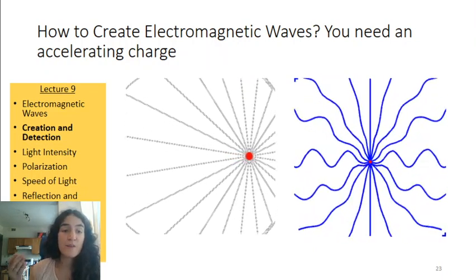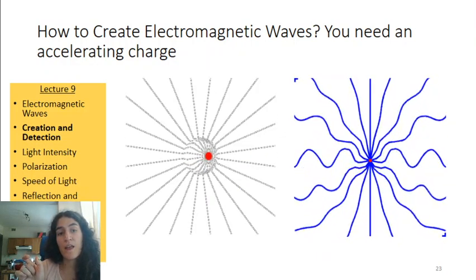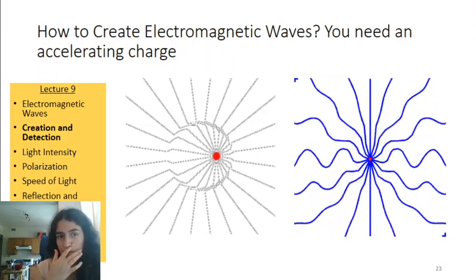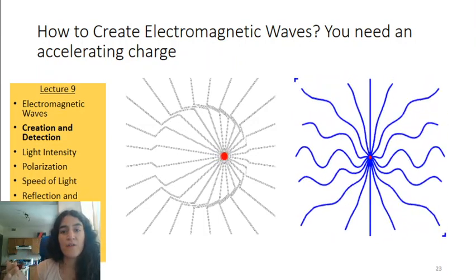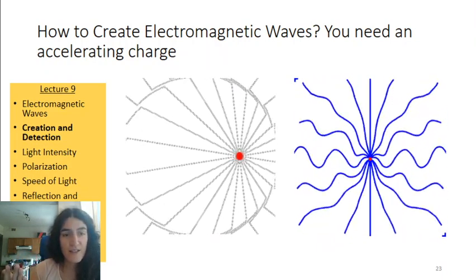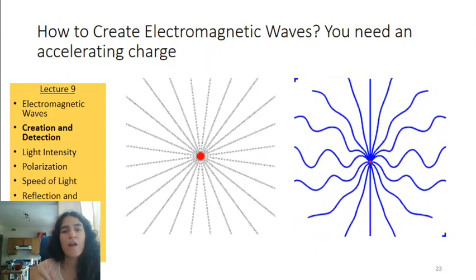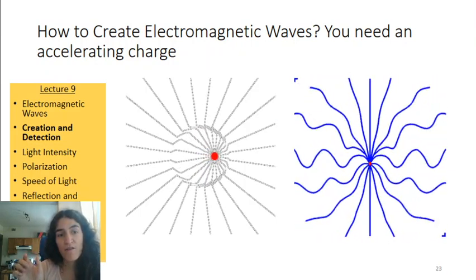So first of all, what happens when a charge moves? We know that a moving charge will generate a magnetic field, right? So we have an electric field generated by a charge existing, a magnetic field generated when a charge is moving. What happens when a charge gets a kick, right?